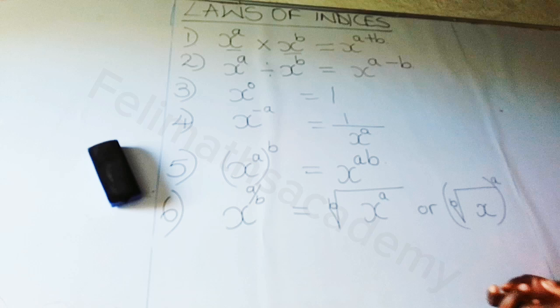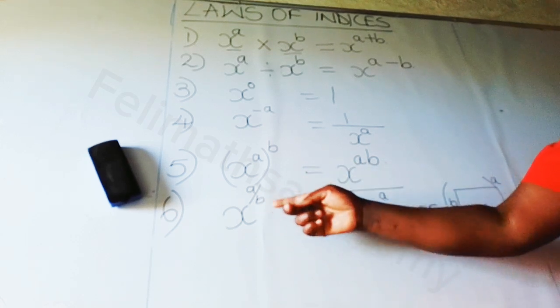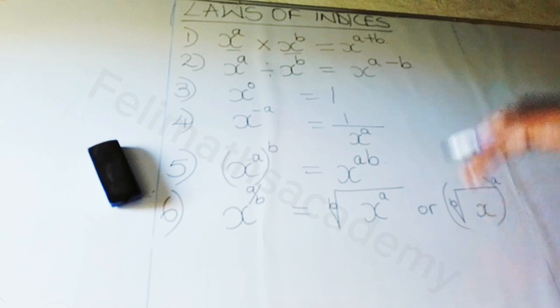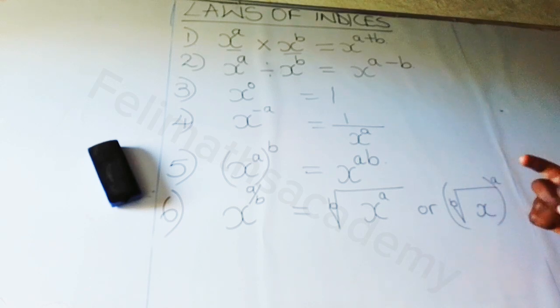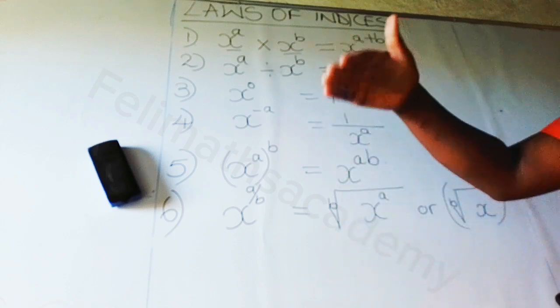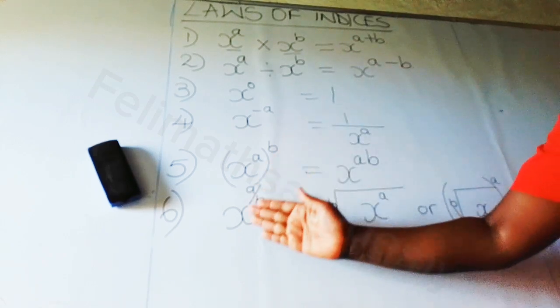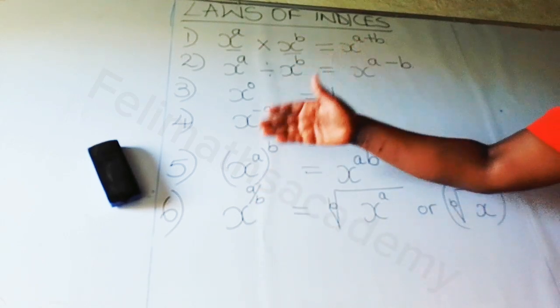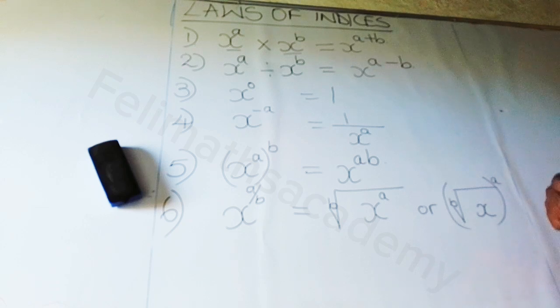So it's the bth root: the denominator determines the root, whatever root it is. So it's the bth root of x to the power the numerator there.